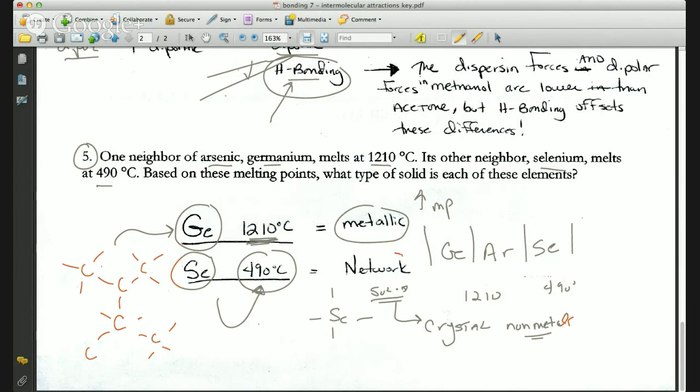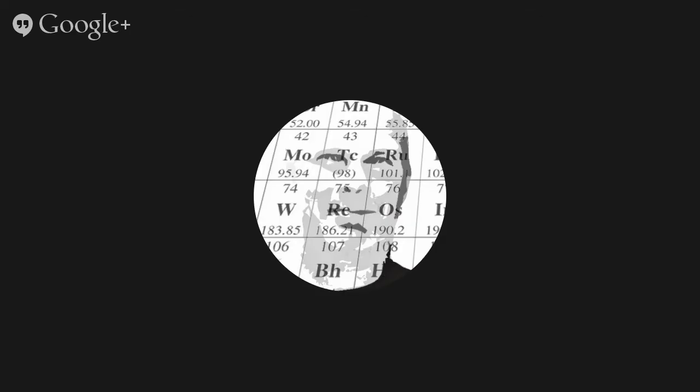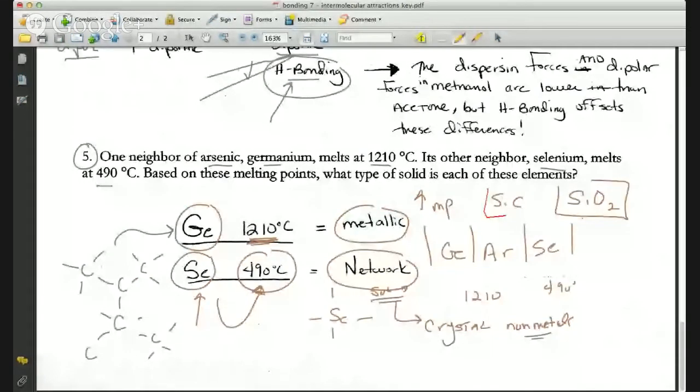So a network is basically covalent bonds. Silicon carbide is another example, and then diamond. Okay, these are the three most famous examples of nonmetals that will bond to themselves in a continuous fashion in all three dimensions.